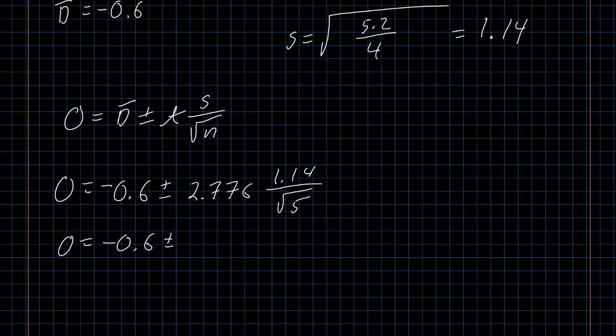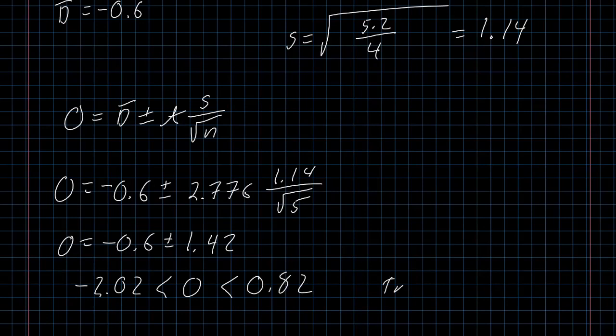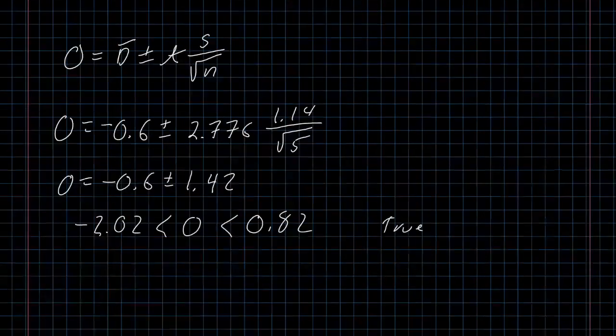Punch everything after the plus or minus into my calculator. I get 1.42, looks like a good place to round it. And if I take negative 0.6 minus 1.42, I get negative 2.02. If I take negative 0.6 plus 1.42, I get positive 0.82. And 0 does in fact fall into this range.